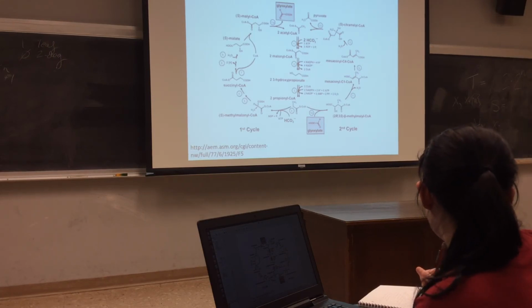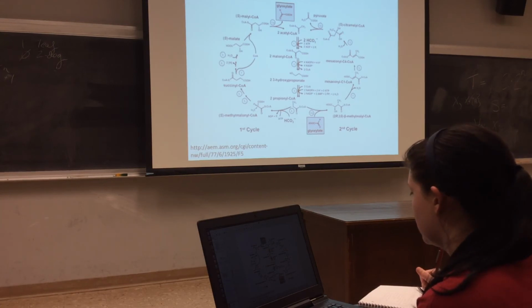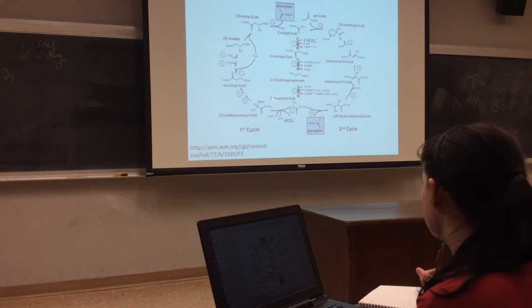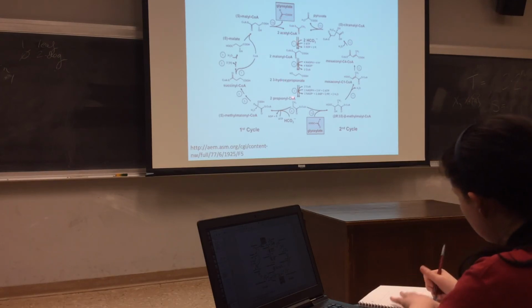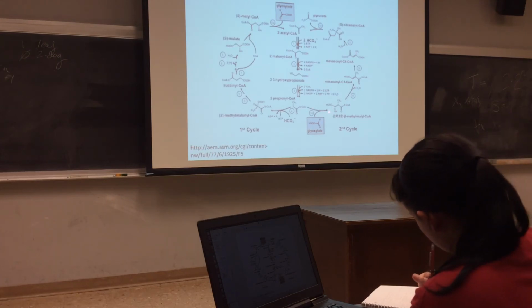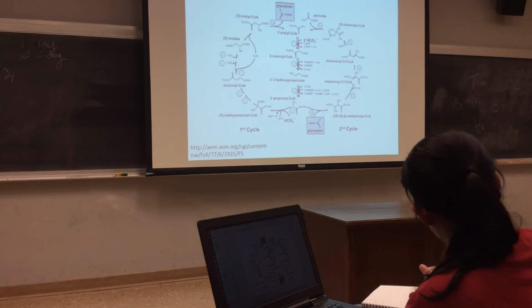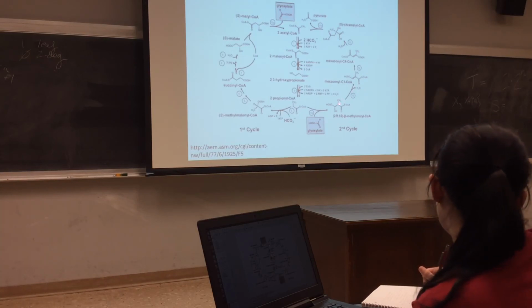This is confusing even for me, keeping count on my carbons here. I'm trying to see if I ever lose a carbon. I don't. So 2 plus 1 goes to 3. 3 goes to 4. That's right. 3 goes to 5. There we go. Okay. Whew.